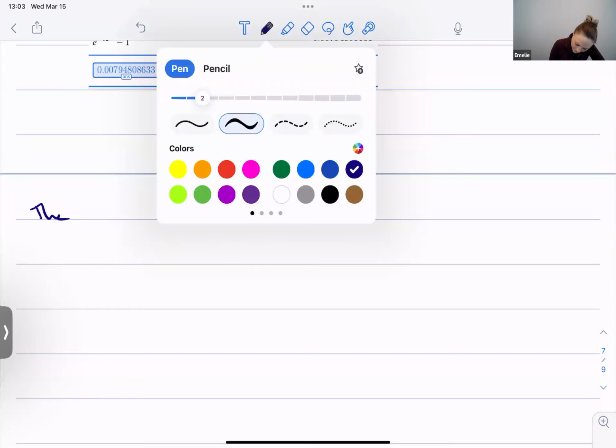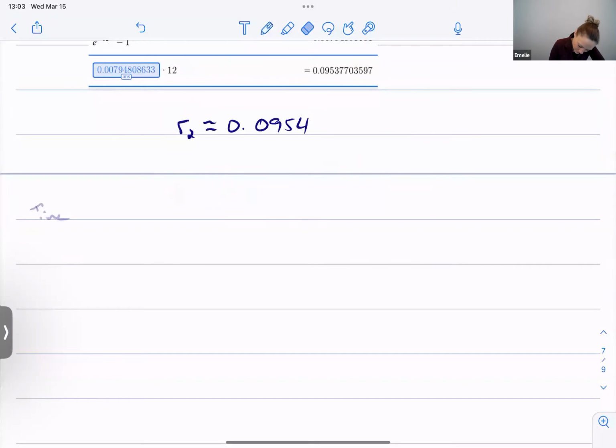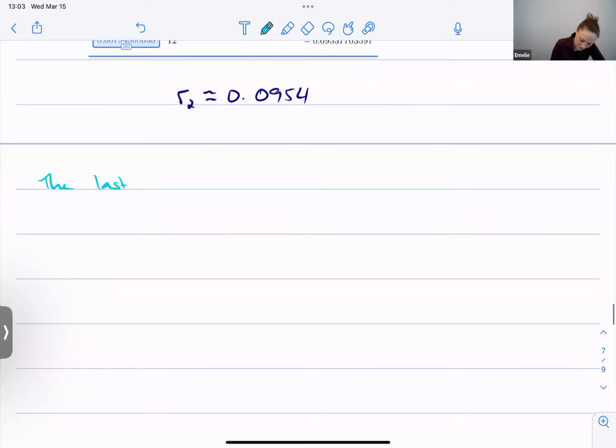The last scenario is when we want to go from some compounding frequency and convert it to a continuously compounded rate.